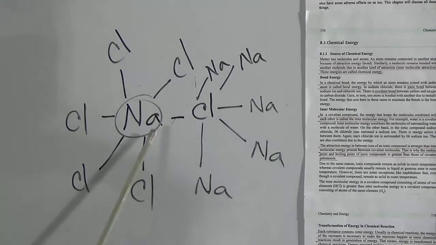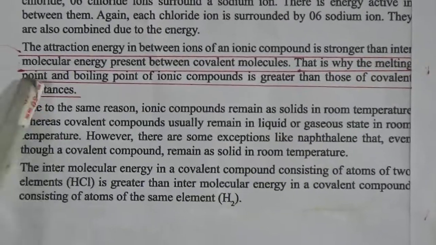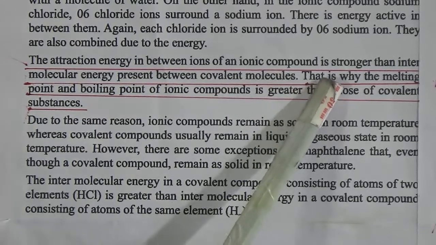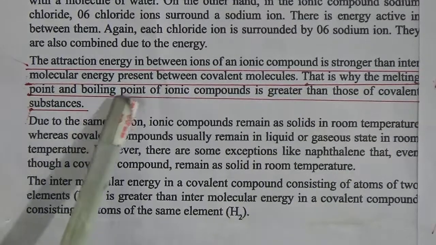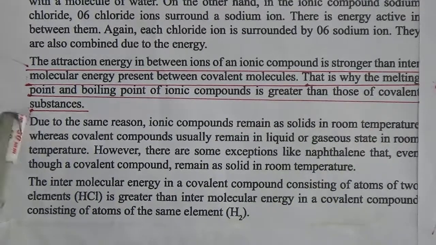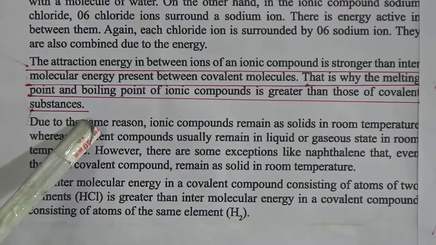That's why they bond so strongly, and that's why at normal room temperature the ionic compound stays solid. The attraction energy between ions of an ionic compound is stronger than the intermolecular energy present between covalent molecules, and that is why the melting and boiling points of ionic compounds are greater than those of covalent substances, and we already learned this in our chapter 2.